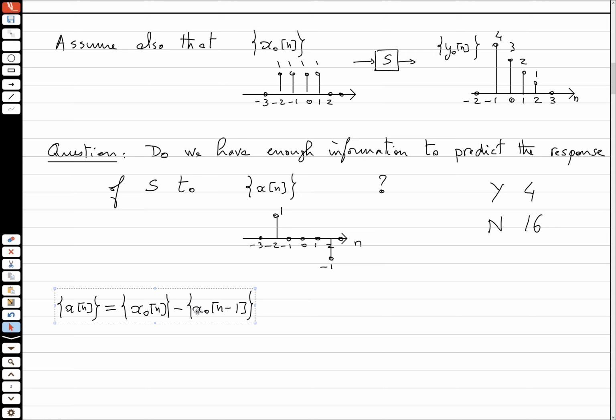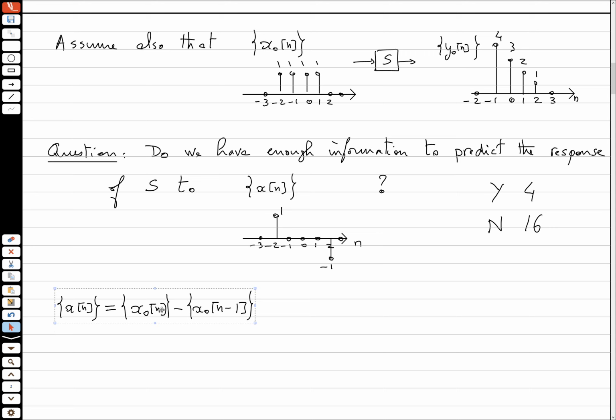And we do the same thing on the right side, y of n is equal to y naught of n minus y naught of n minus 1. Why do we know that? Why do we know that this is what you are getting? We know that. All right, that's correct. So we're going to do that step by step.